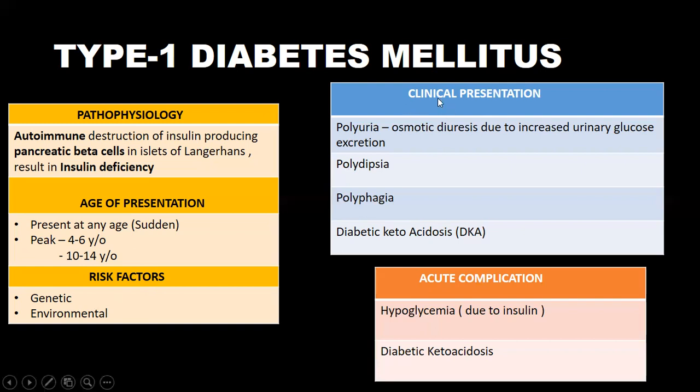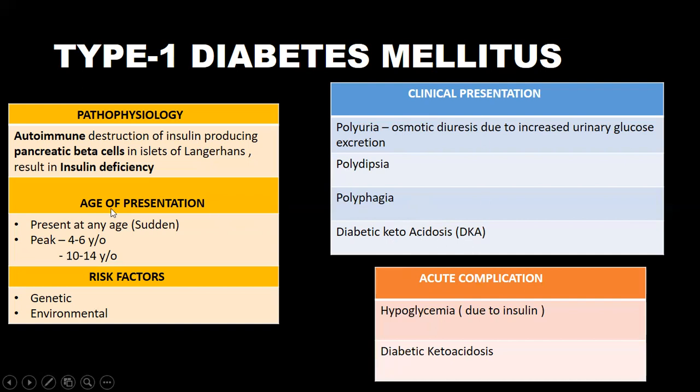Now, when we go to the clinical presentation, as we have already discussed, it has polyuria, that is increased urine glucose excretion, meaning glucose starts being excreted in our urine, then polydipsia and polyphagia, which we discussed in the previous slide, and diabetic ketoacidosis.